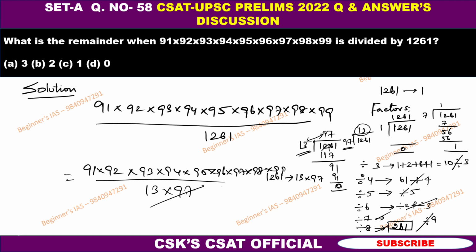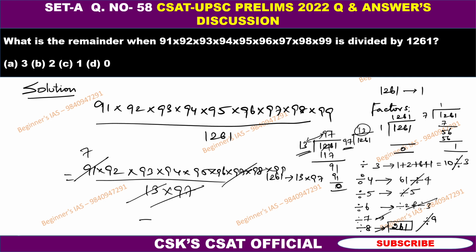The 97 in the numerator gets cancelled, and the 13 can be cancelled with 91. So now there is no denominator left, which means the numerator is completely divisible by 13 into 97, so the given product is completely divisible by 1261.